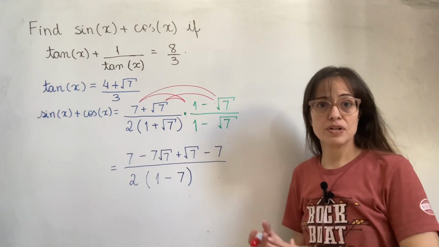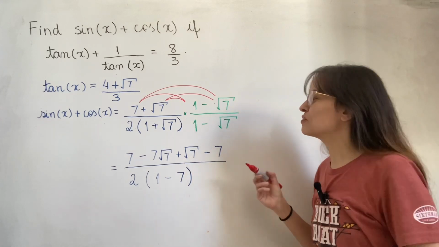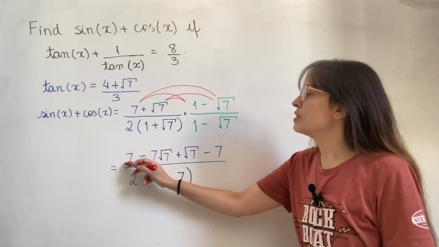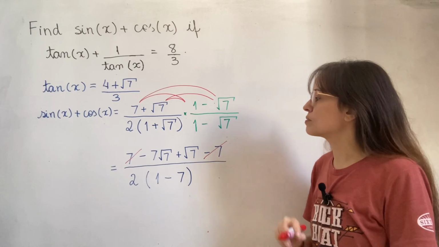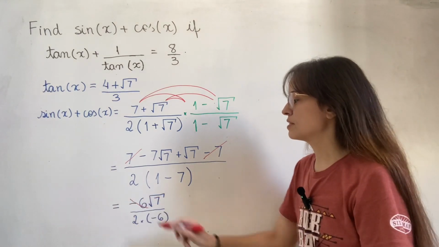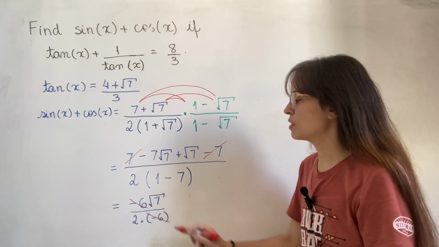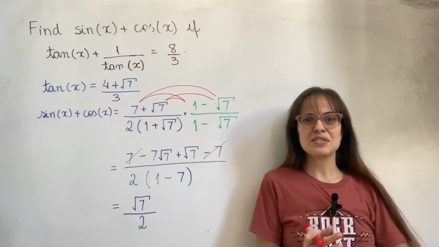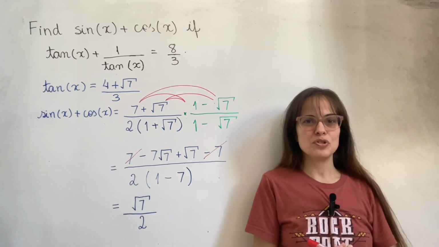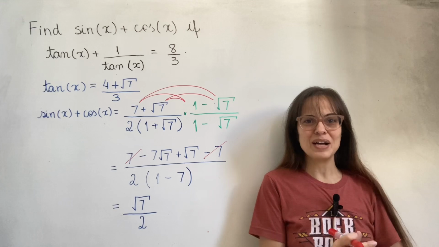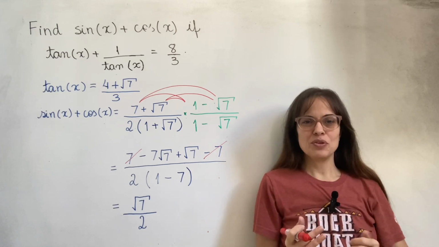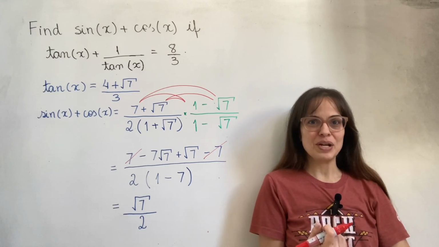And then you can check if I didn't make any mistakes in the distributive for the numerator. Anyway, 7 minus 7 cancels out. And this minus 6 here is also going to cancel out with this minus 6. And the final answer is root 7 over 2, which is a very satisfying answer for a problem that went through such ugly numbers along the way.